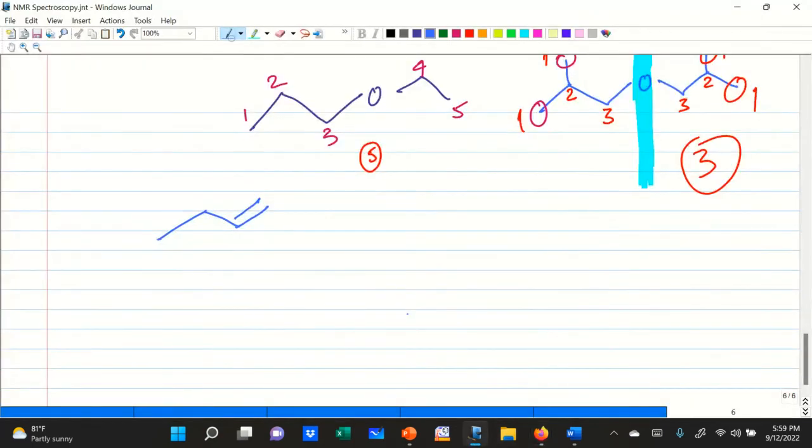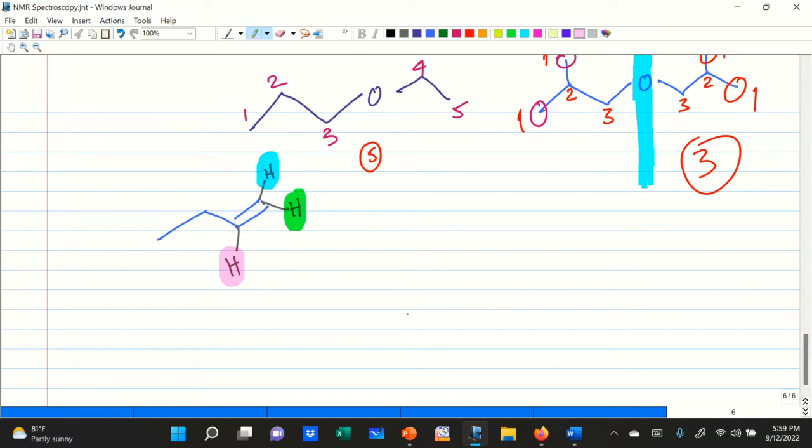Yes, indeed, there are 5 signals, because when you have a carbon-carbon double bond, you have to look at the fact that the 2 hydrogens attached to this double bonded carbon are not the same. This carbon has a hydrogen also, by the way. So this hydrogen and this hydrogen are no longer the same, because one is cis to this pink hydrogen, and the other one is trans to this pink hydrogen.